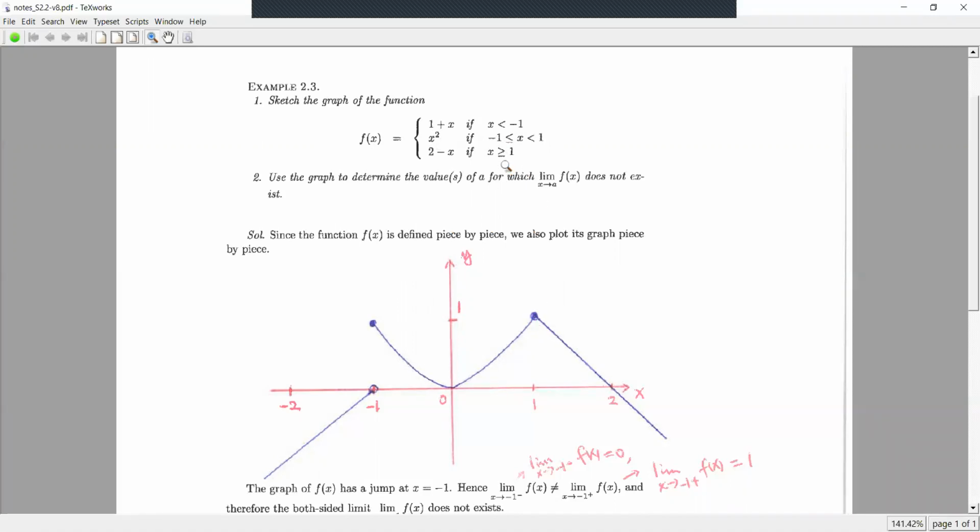Now, the third piece. When x is greater than or equal to 1, the function is 2 minus x. 2 minus x, the graph is a line with slope -1. x can be 1, so I put a solid point here. This is the graph of this piecewise defined function.